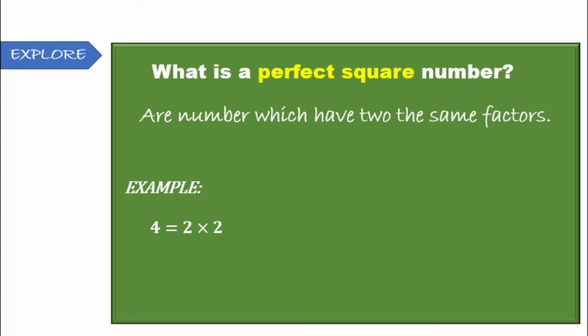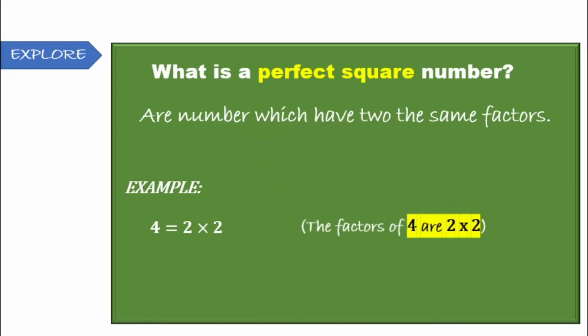And there is a set of factors with the same numbers, such as 2 times 2, and that is considered a perfect square number, which is 4.